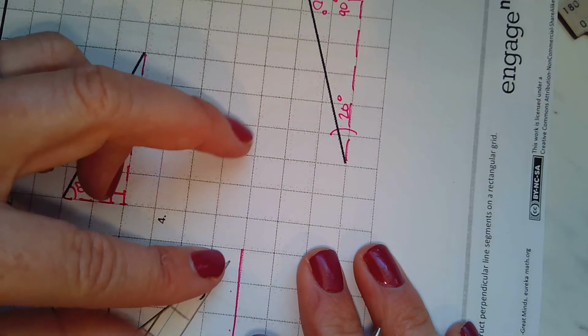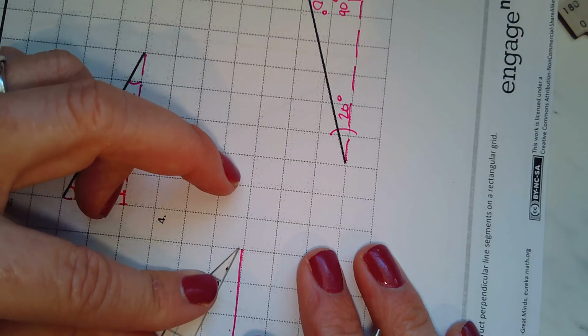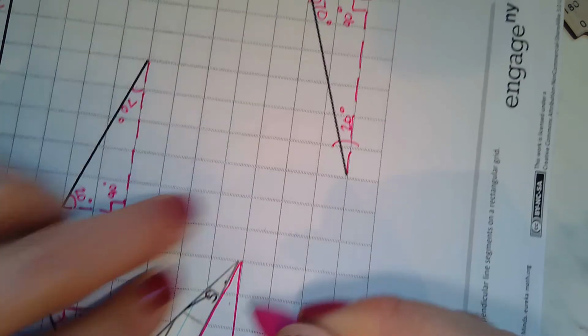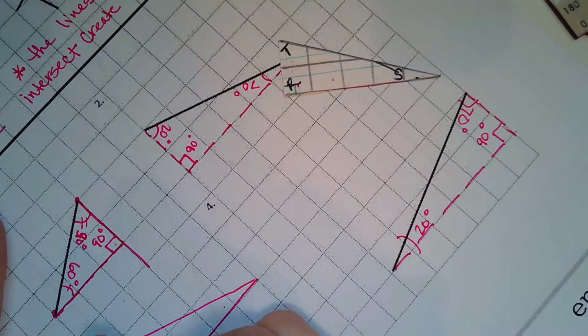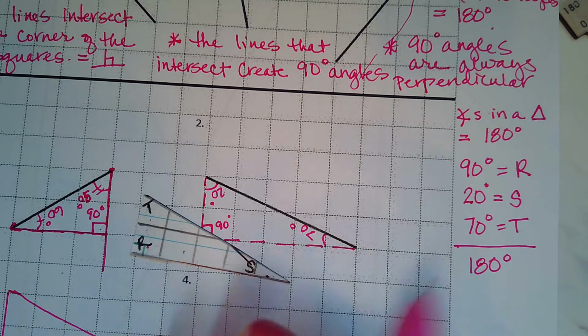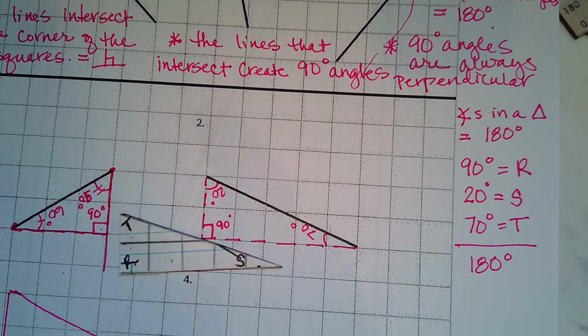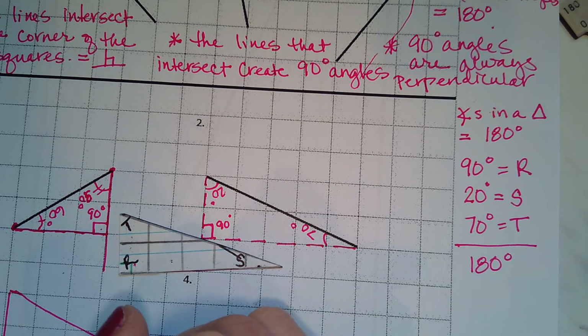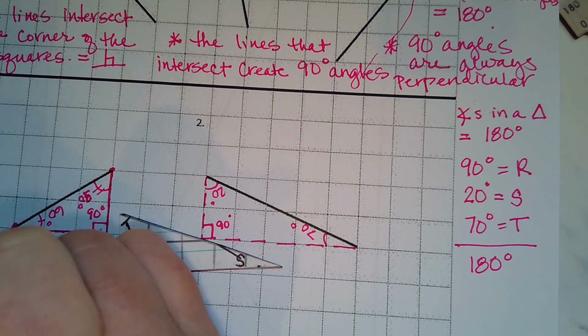You can use your straight edge here with your triangle to connect those. Or just use your straight edge. Now, we know that this is R, this is S, and this is T.